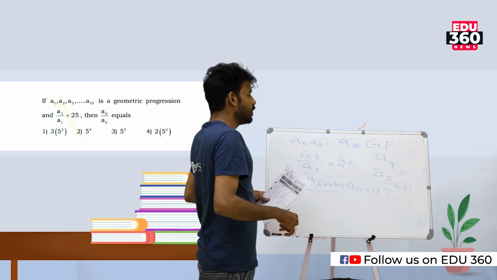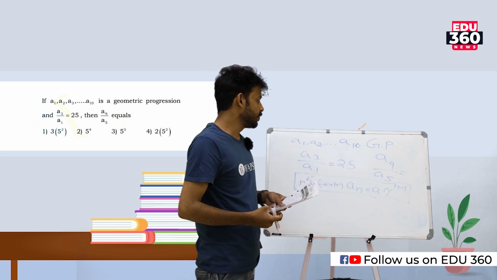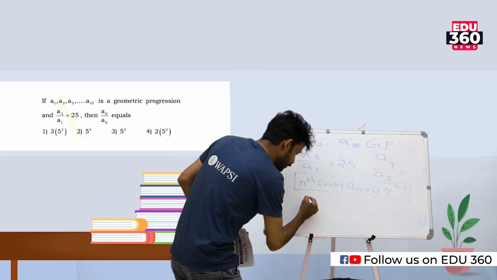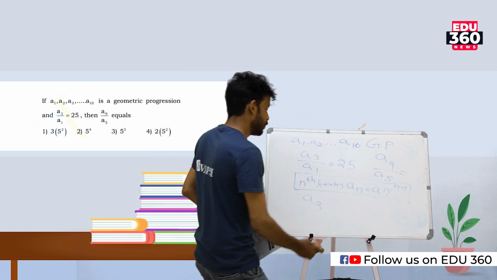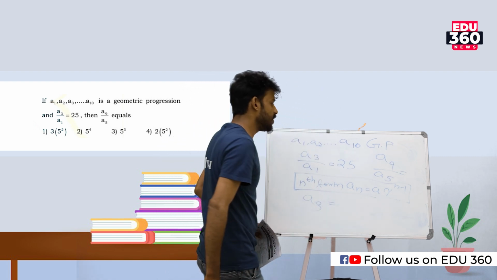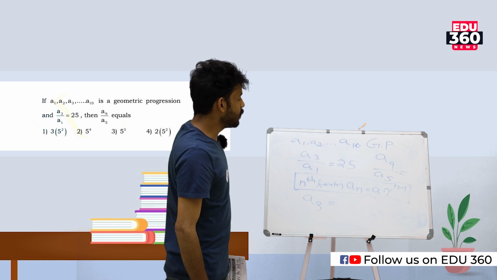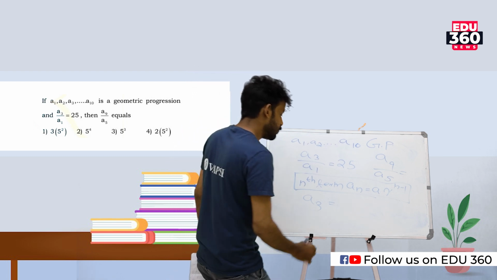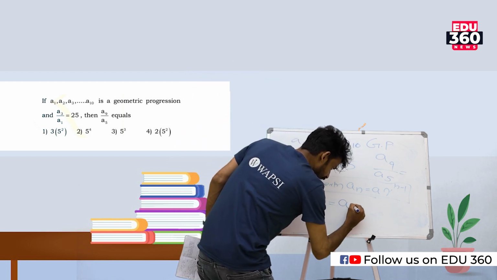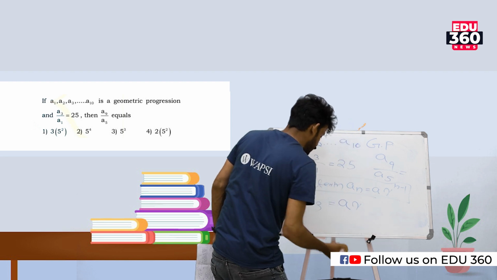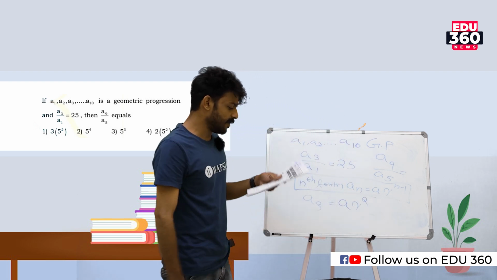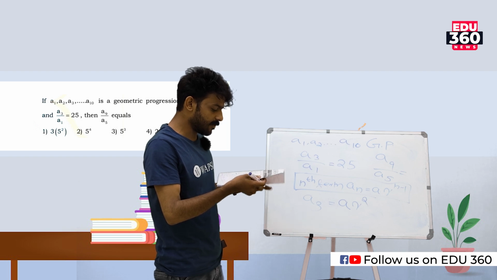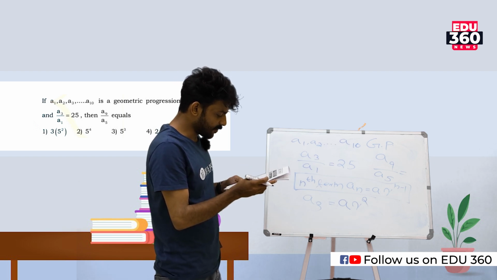Now look here. For a3, a3 is equal to a into r raised to 3 minus 1, that is 2. So a3 is a r square.